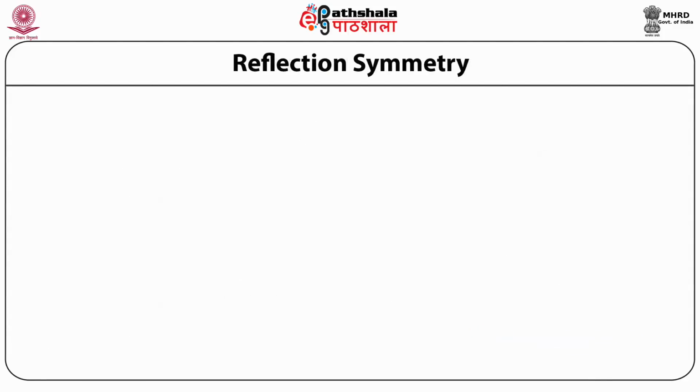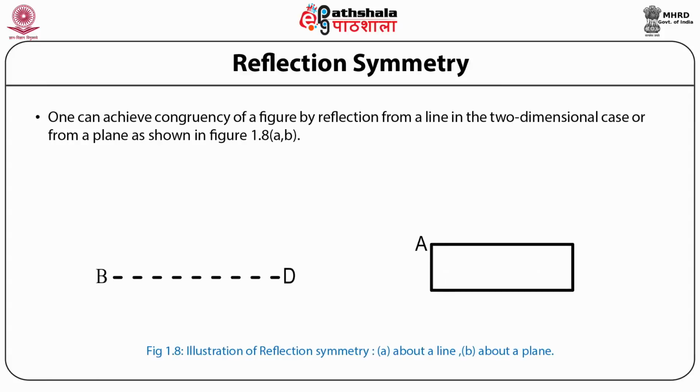Reflection symmetry. One can achieve congruency of a figure by reflection from a line in the two-dimensional case or from a plane, as shown in figure 1.8 a and b.